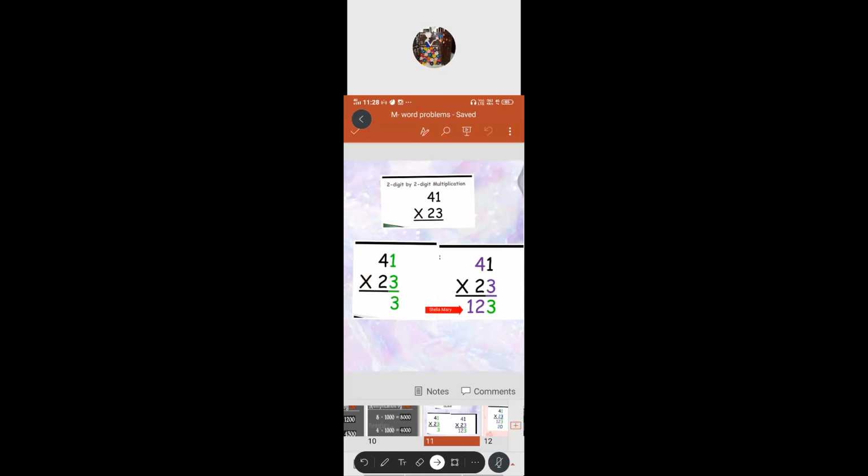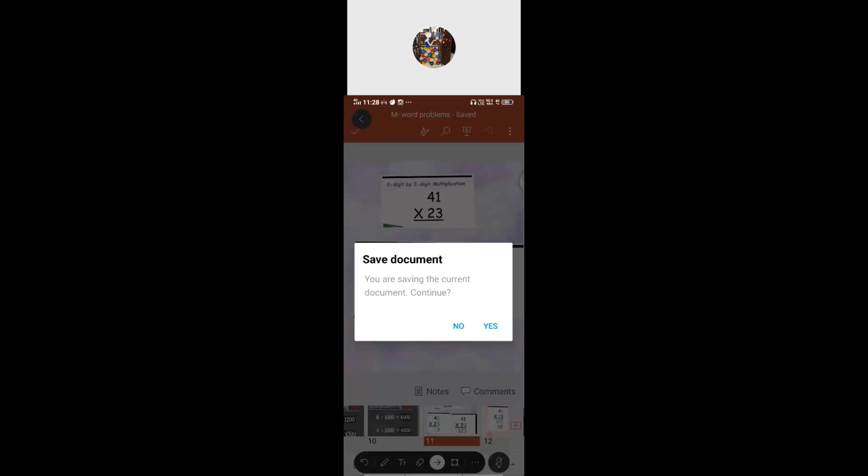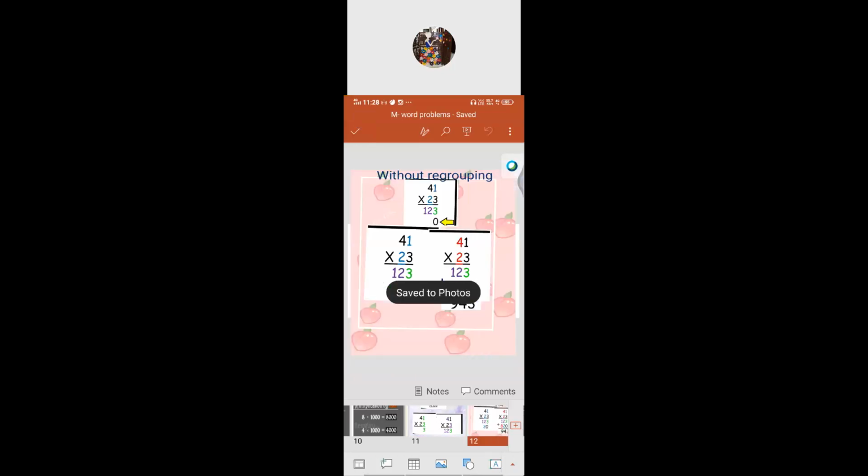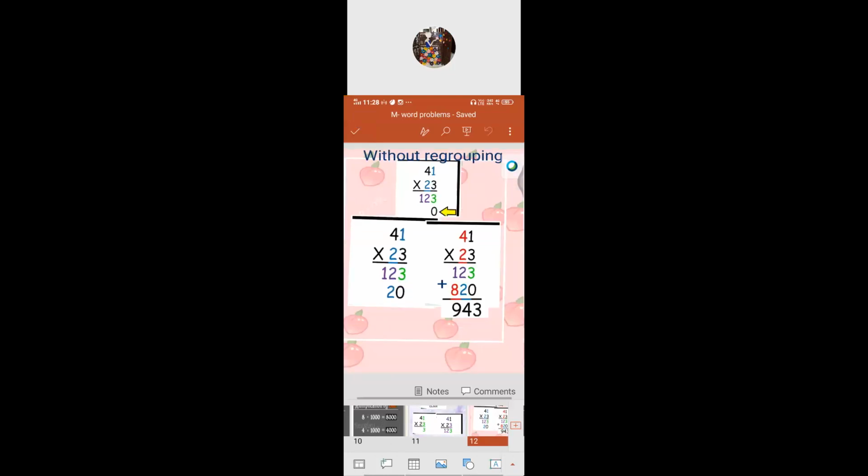Coming to the second step, that is multiplying by the tens digit, without fail you have to start with 0 at the right. Why are we adding 0 there? Do you know that?